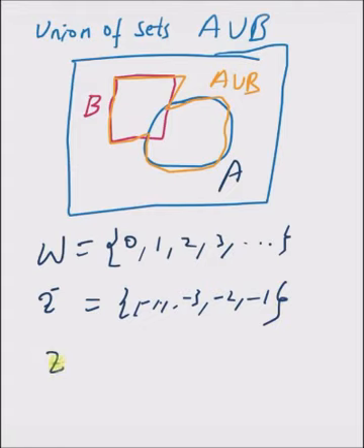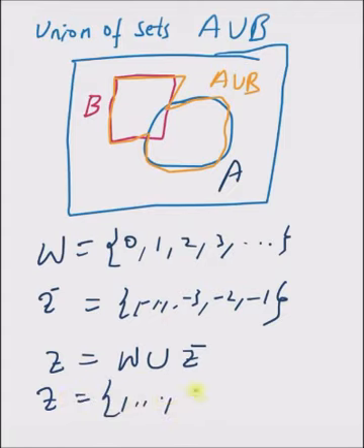So the set of integers is basically the union of the set of whole numbers with the set of negative integers. You see, if you combine all these numbers from the set of negative integers and also from the set of whole numbers, you get the set of integers.